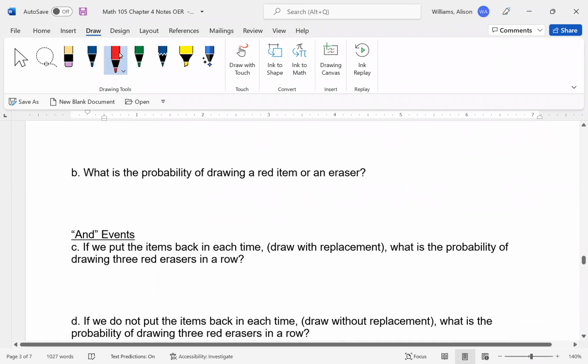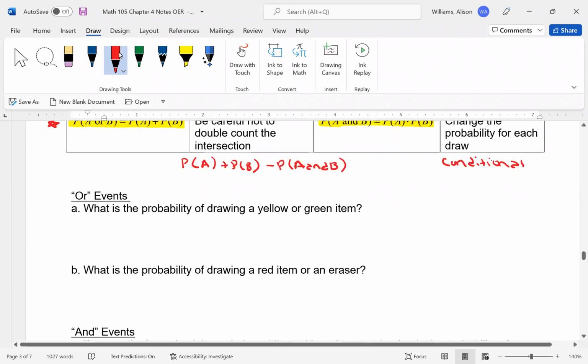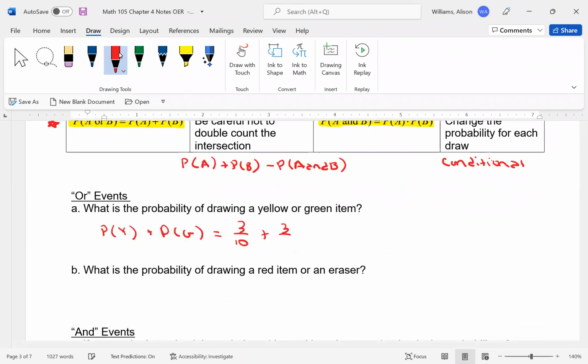All right, let's look at and. So this is if we put the item back each time. What's the probability that we draw 3 red erasers in a row? The first time I go to draw a red eraser, there's 4 of them out of 10. And if I'm going to put that back into the bag, that means the next time I go to draw a red eraser, it's going to be 4 out of 10 again.